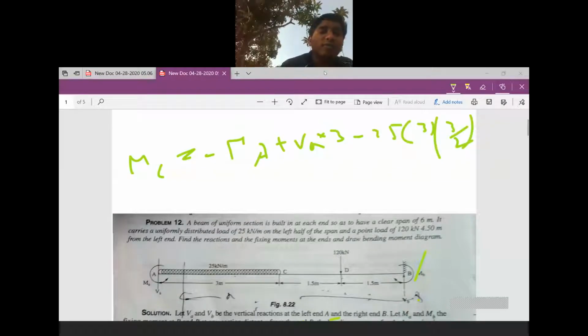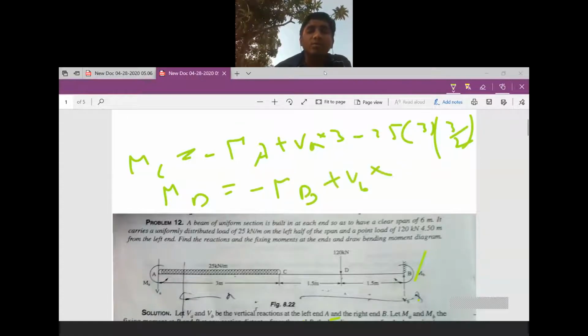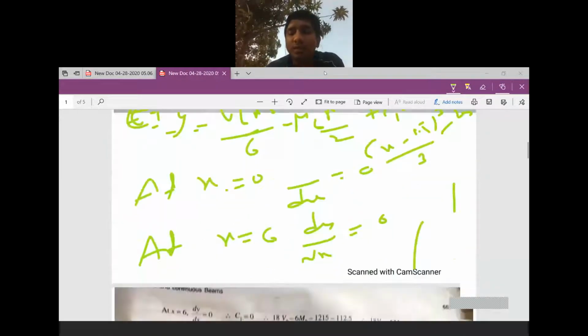Next, if you calculate moment about D, I will calculate from the right side. The value is minus MB plus VB into 1.5. This one will be moment about D, as written here.